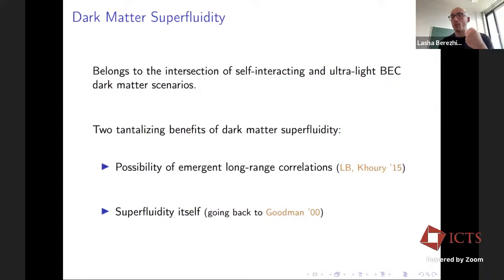Because of the interactions, the core could start losing particles, evaporating, basically kicking out energetic particles, cooling down as a result, lowering velocity dispersion, and correspondingly then collapsing gravitationally. What happens in the superfluid case instead is that you already start with as cool a substance as imaginable, which is sustained by the interaction pressure of the degenerate substance, degenerate particles.